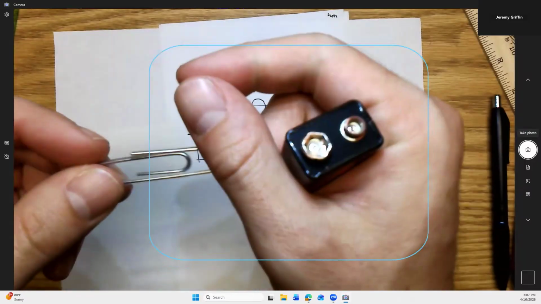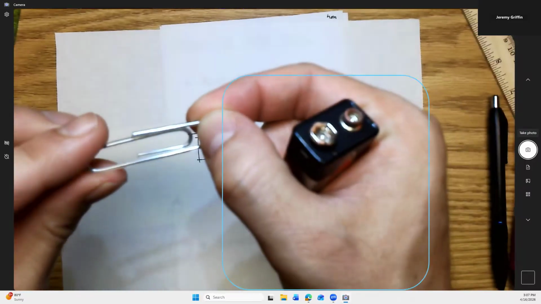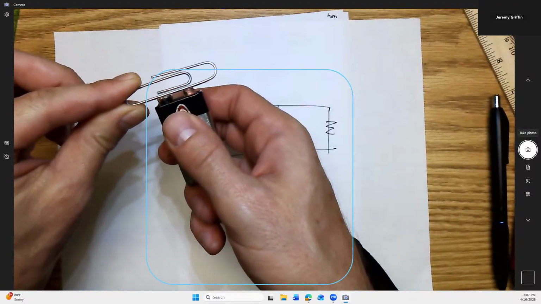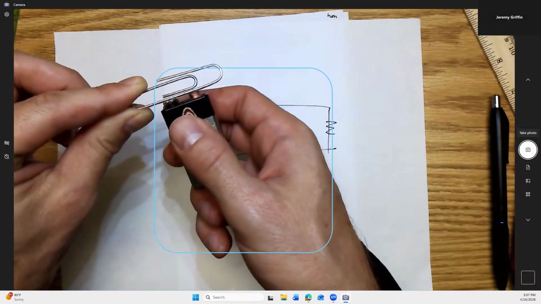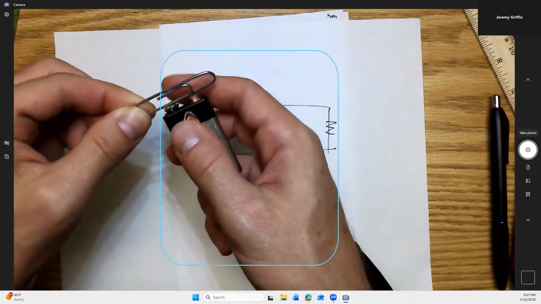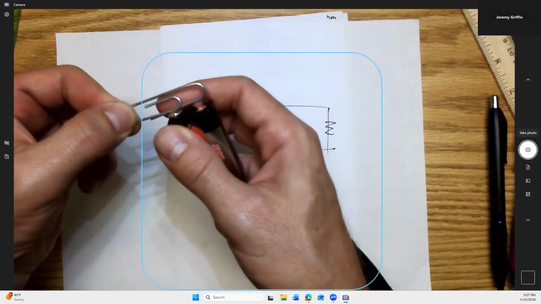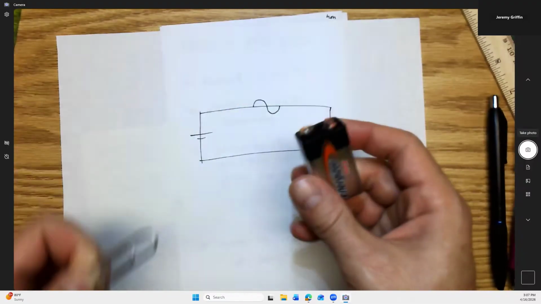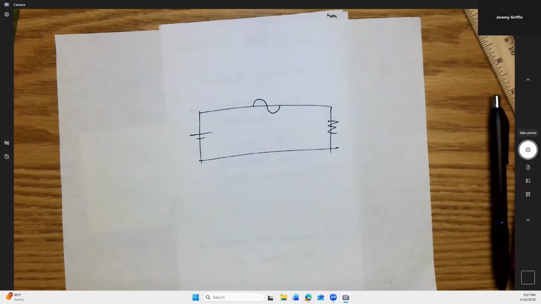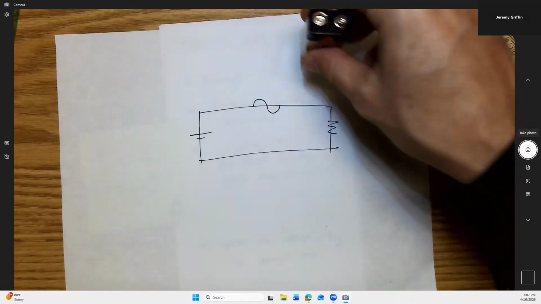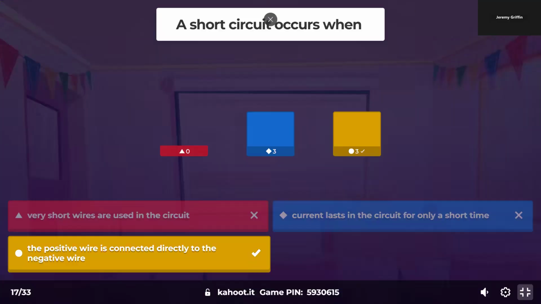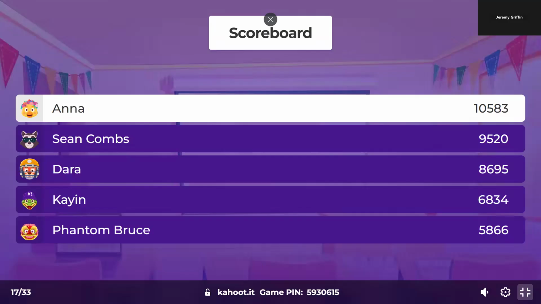Technically, this paper clip is insulated by something, but I'm going to ignore that. If this was all metal and I touched the leads like that, what would happen to the paper clip? What would it feel like? Very hot. The only reason it's not is that it's plastic coated, but if it wasn't, this would be getting real hot real fast. I could probably start a fire with it if I wanted to. But the battery would drain really quickly. Instead of lasting for months or years, it would drain pretty fast. It would be a paperweight.